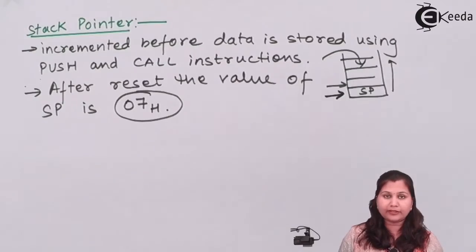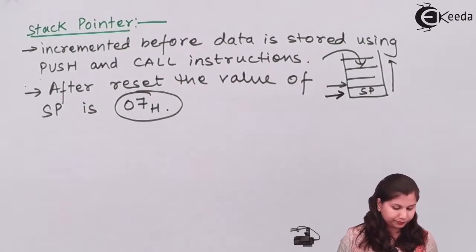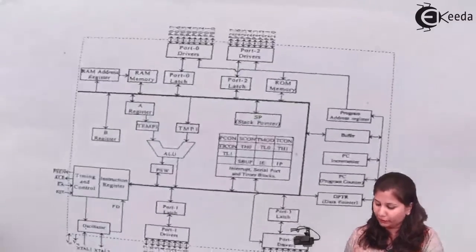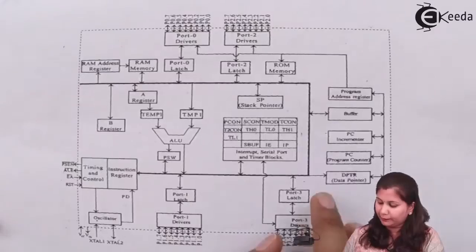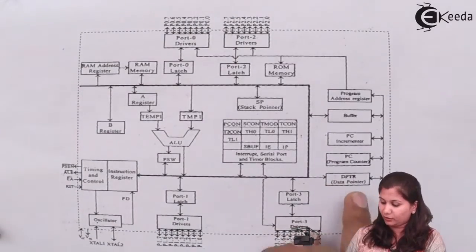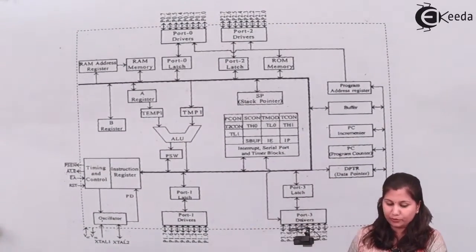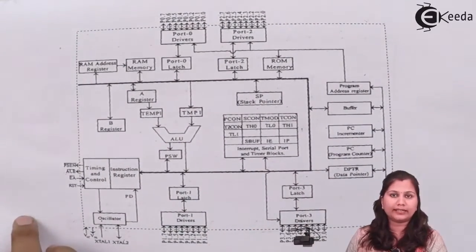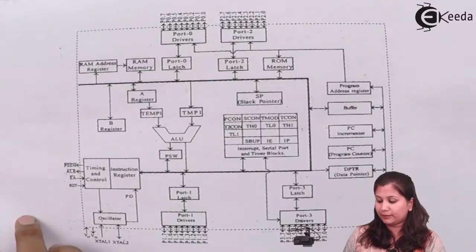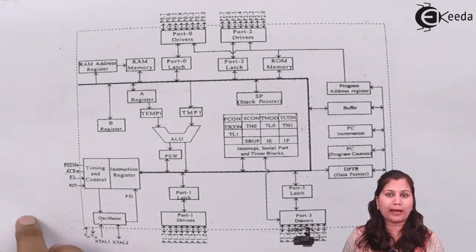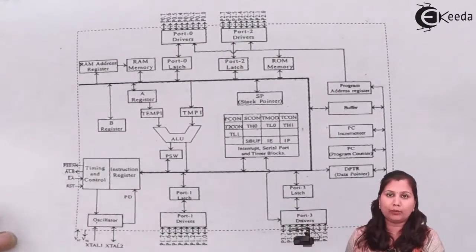Next we have the data pointer. In the block diagram you can see we have the data pointer DPTR. Okay, this data pointer will point towards the data, because in the microcontroller we have program memory and also data memory. So to hold the address of the memory location of the data, we have the data pointer.